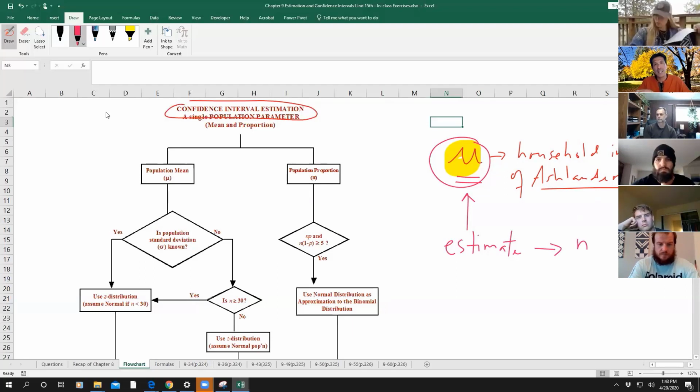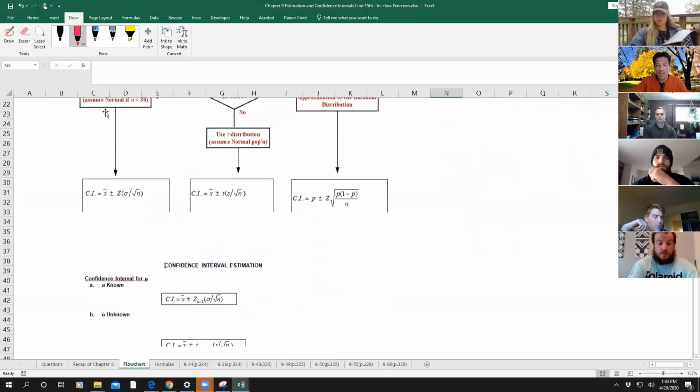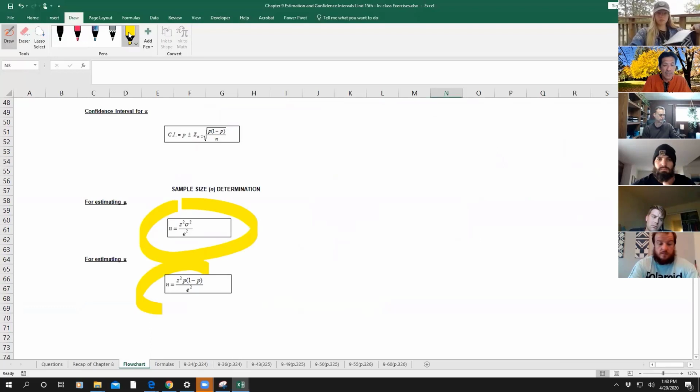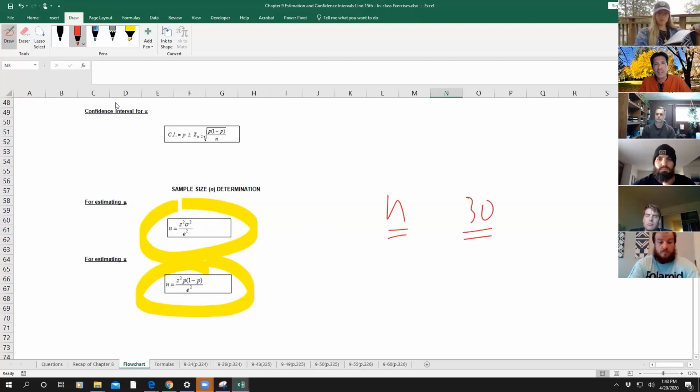Later on in this chapter, we will talk about ways of estimating the sample size requirement. In fact, at the bottom of this worksheet, you'll see that there are formulas that you can use to compute the minimum sample size. Many people have a misunderstanding of the minimum sample size requirement, and they usually cite this 30.